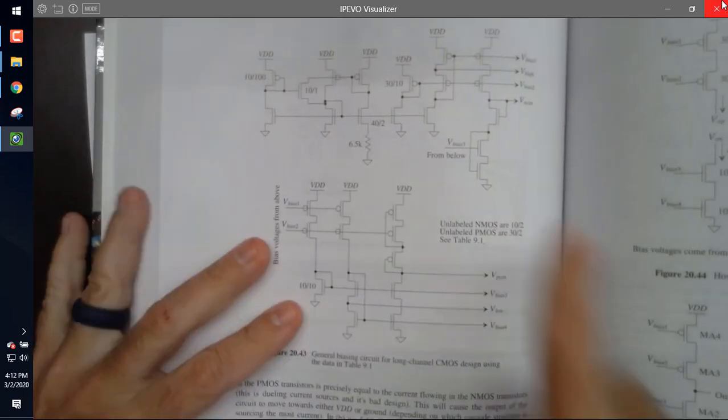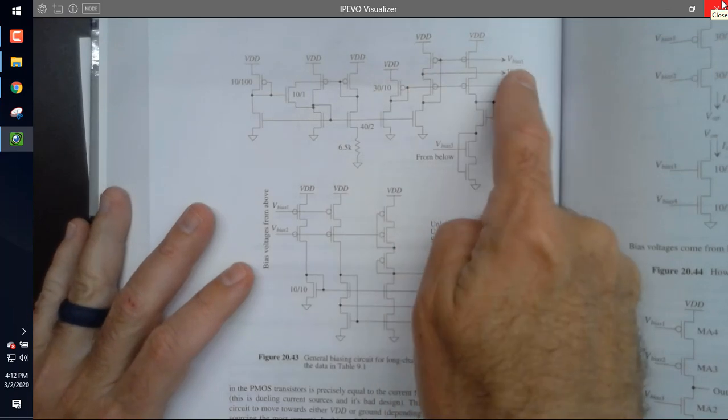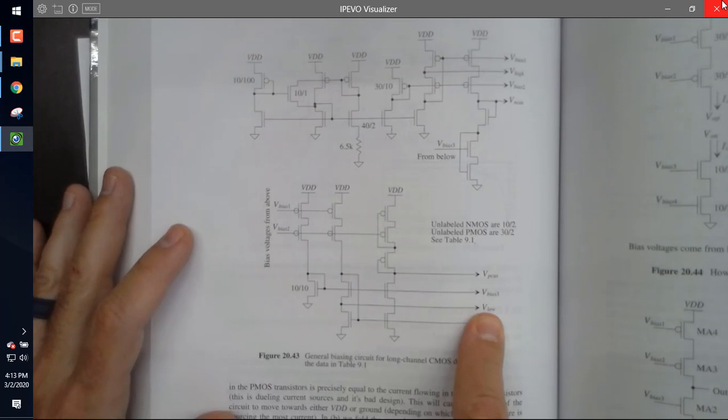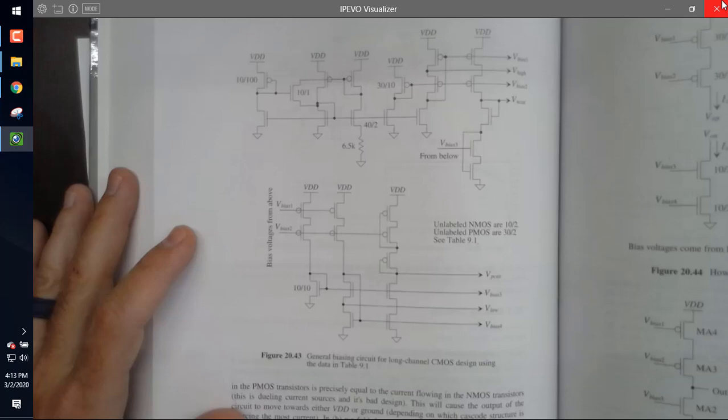If you look, here's where I pull that VDS sat below VDD out and I call it V high. Here's where I pull it out and I call it V low. Everybody see that? And that's VDS sat. Any questions?